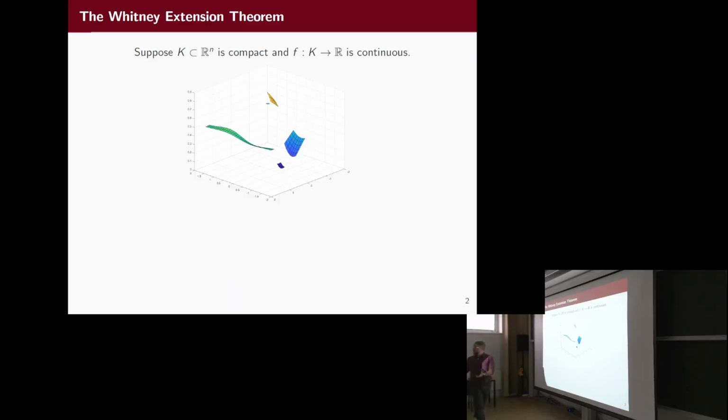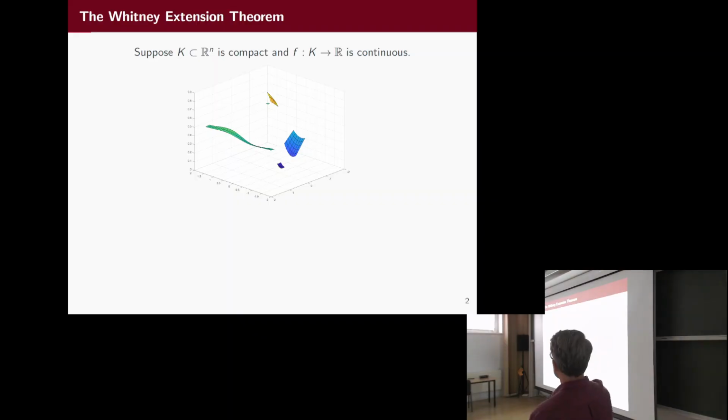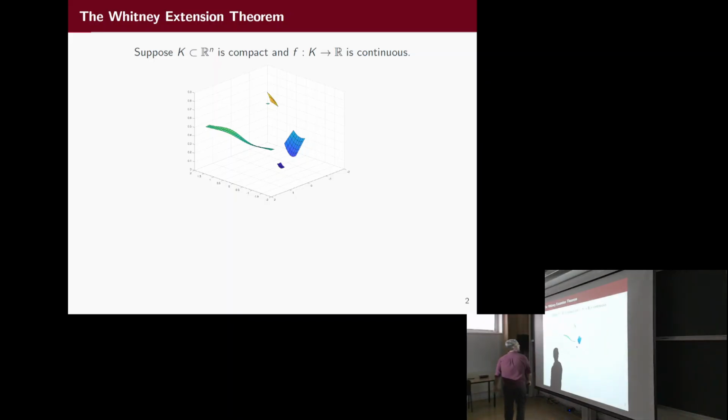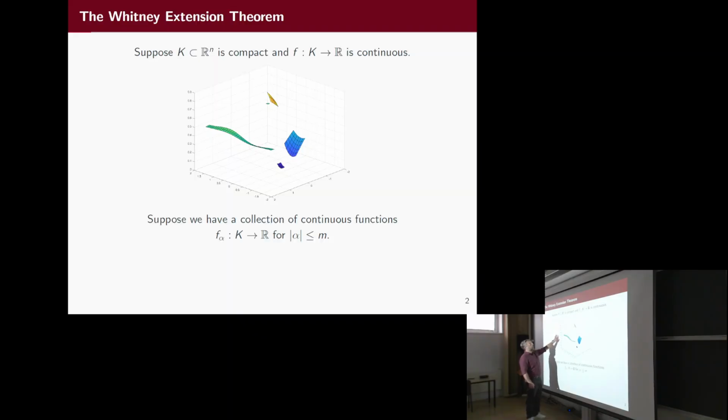The Whitney extension theorem. This is what part of my dissertation work was on. The classical Whitney extension theorem tells us something like, suppose you've got a continuous function defined on some, say, compact set. And then you've also got a collection of other continuous functions, f alpha, defined on that compact set.